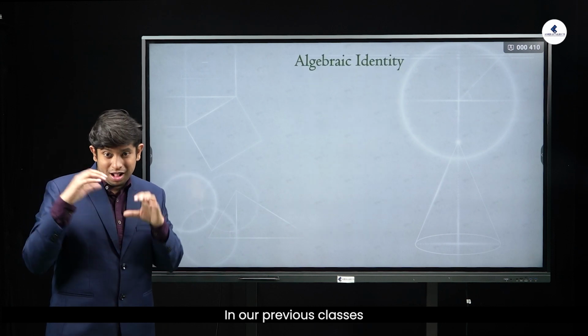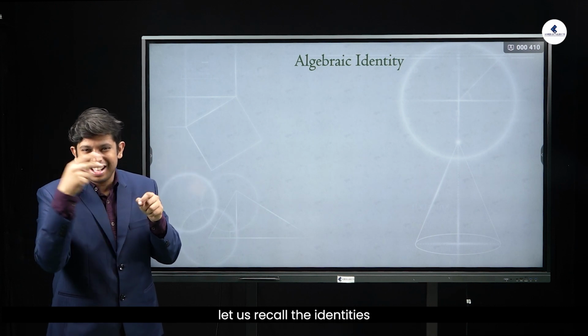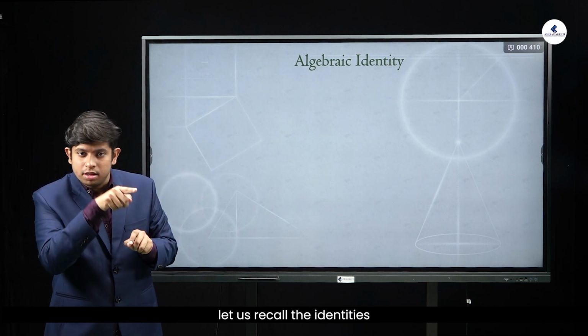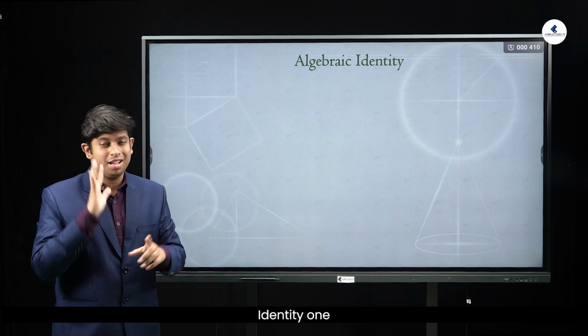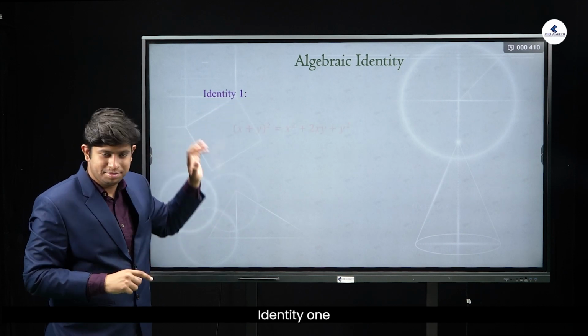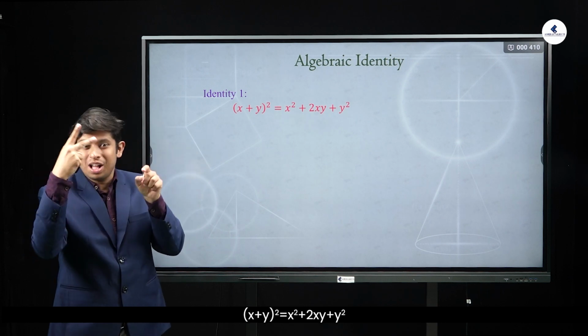In our previous classes, we have learned some algebraic identities. Let us recall the identities. Identity 1: x plus y whole square is equal to x square plus 2xy plus y square.